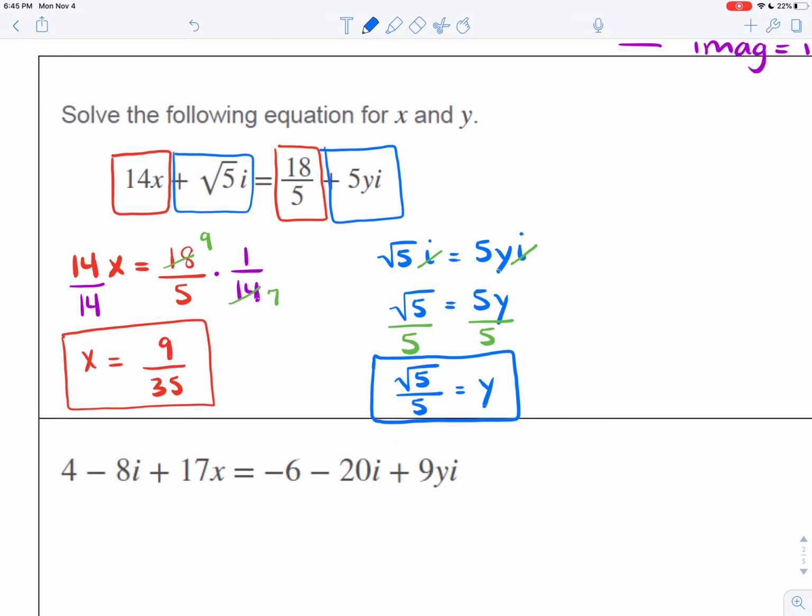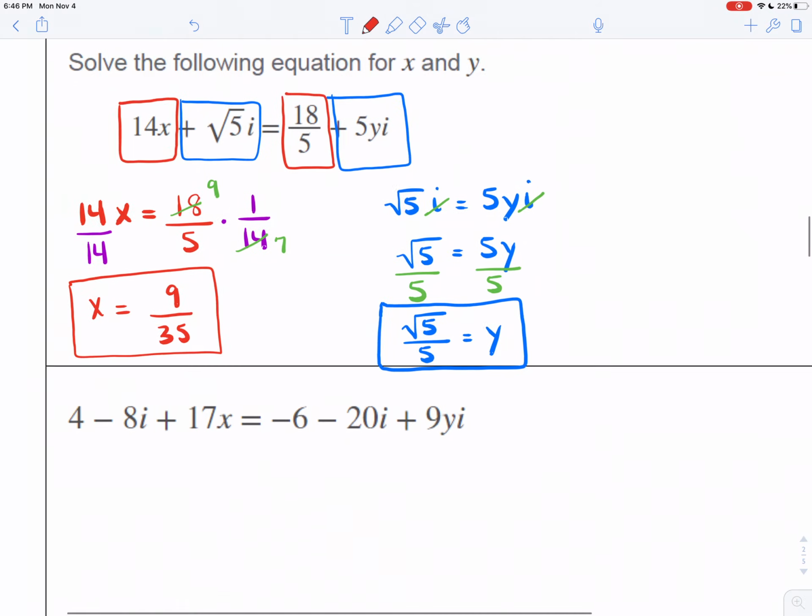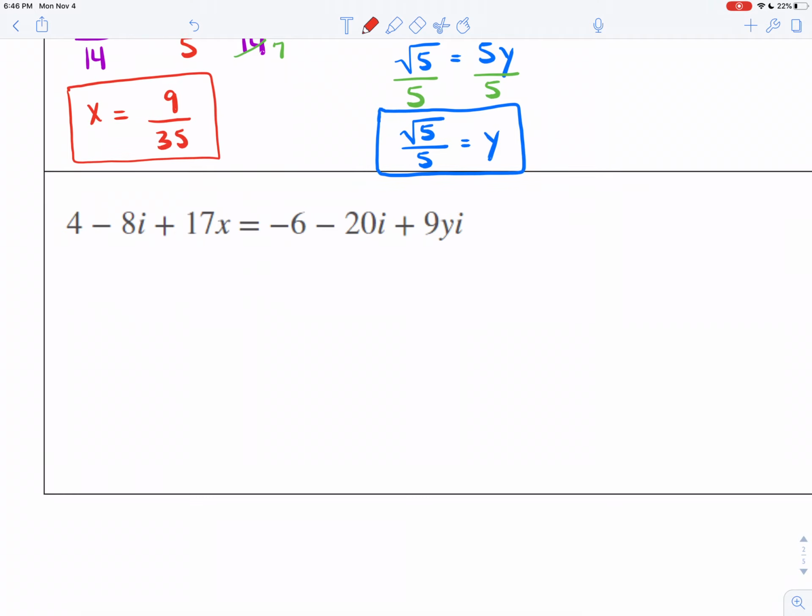So anytime you want to solve an equation that has complex numbers, this is what you can do. You can set the real parts equal to each other, and you can set the imaginary parts equal to each other, even if you have multiple real and imaginary parts. For example, in our next equation, my real parts over here would be the 4 and the 17x.